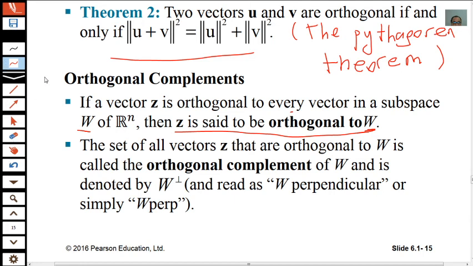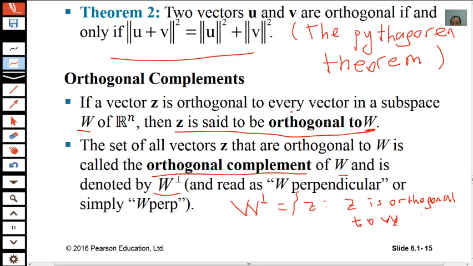of W, and is denoted by this one. In set notation it is written as the set of all vectors Z such that Z is orthogonal to W. We have the one condition, which is that Z is orthogonal to W, and this is the notation for this set, read as W perpendicular, or simply W perp.